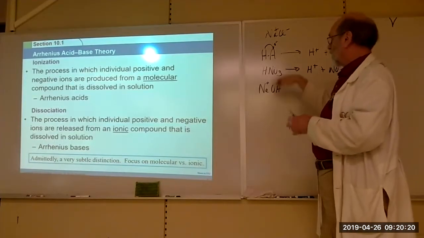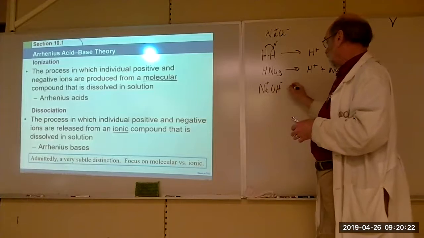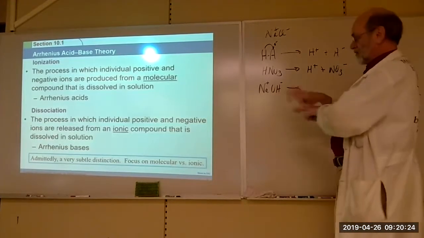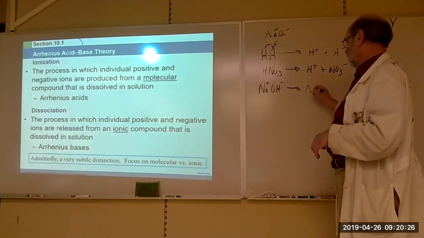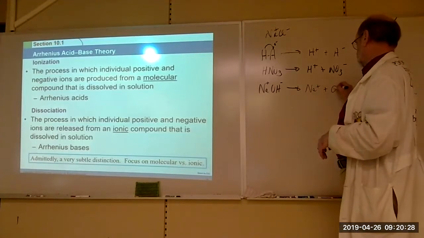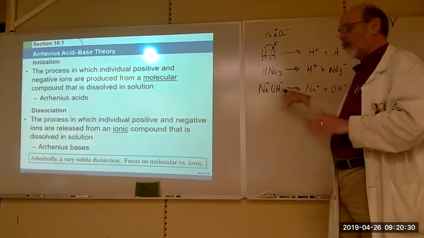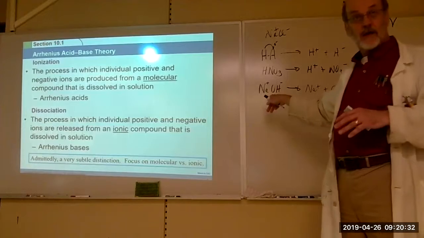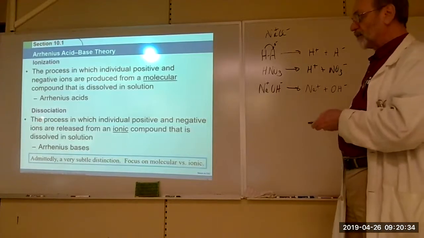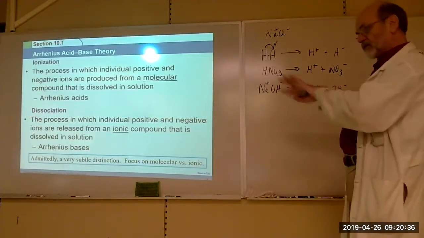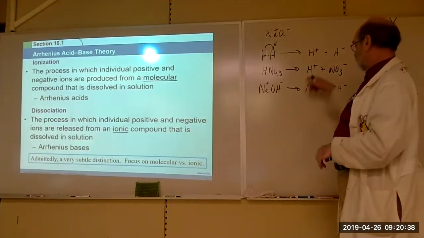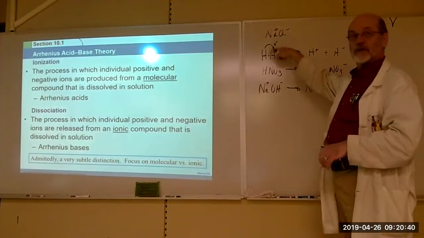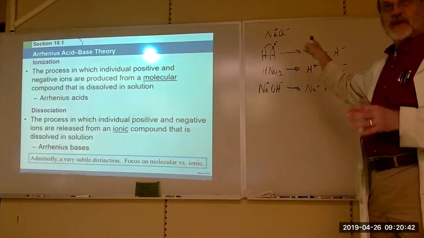Bases are just another type of ionic compound, and when you put it in solution, it just dissociates. Right? So there's no formation of an ion. The ion's already there. That's why we call it dissociation. It just splits. Whereas to form ions here, you have to transfer an electron, and that process is ionization.